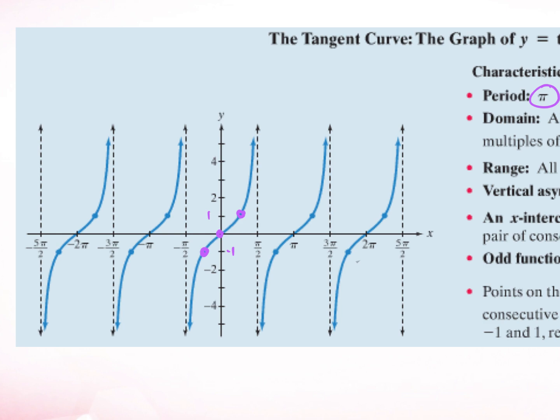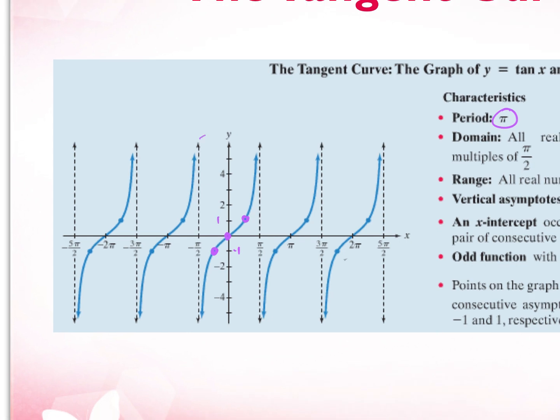You're still going to have your 0 values, okay? Your 0 value is going to be smack dab in the middle of the 2 asymptotes. And your amplitude, your high and your low, is going to be halfway between the center and the other asymptote, okay?